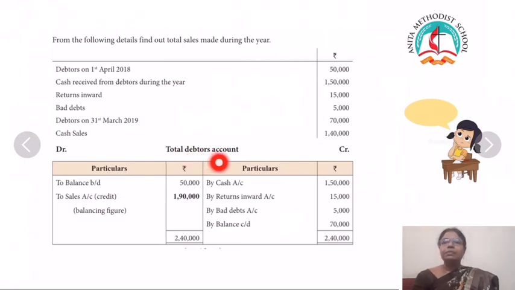So to balance brought down 50,000, by cash receipt 1,50,000, by return inwards 15,000, by bad debts 5,000, and the closing debtors 70,000. So the total of the credit side comes to 2,40,000 minus 50,000. So the credit sales 1,90,000.